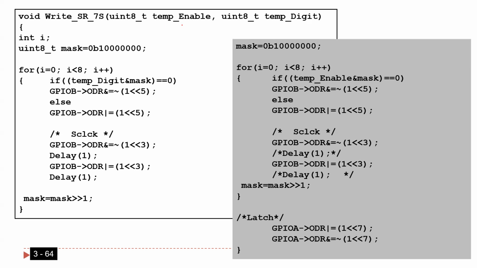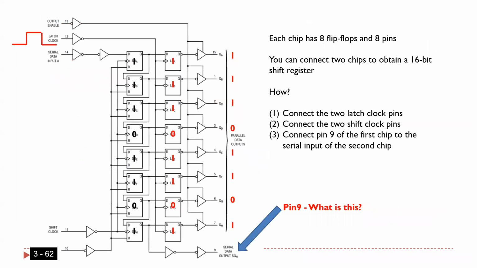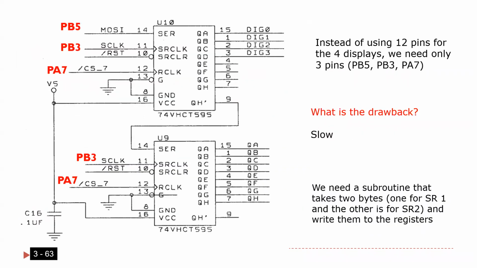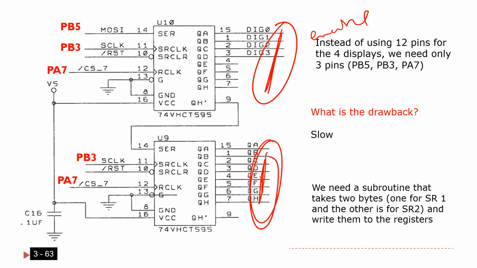In this function, you have to send 2 bytes, as you see here. 1 byte I'm going to call enable, and the other byte is the digit you want to display. So the enable byte I put here, and the digit I put here.